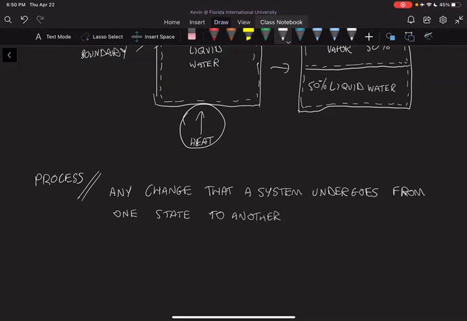Okay, so a process is a change. It's a change because of something happening to the system.